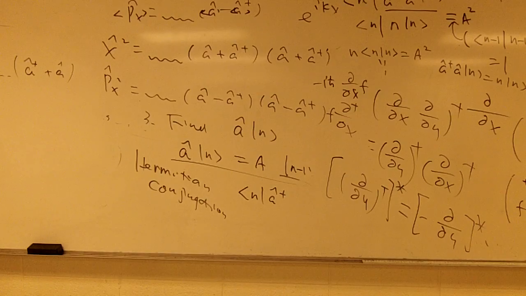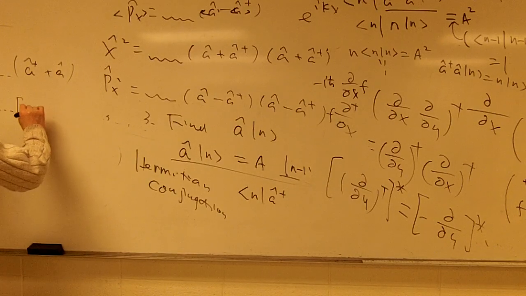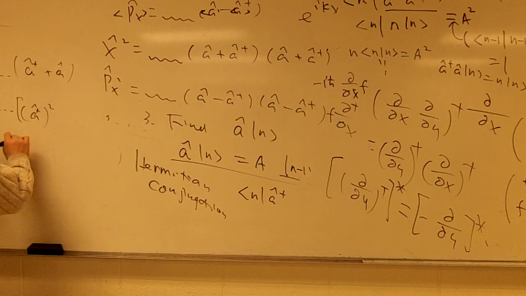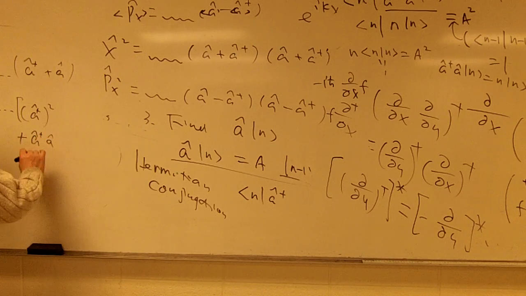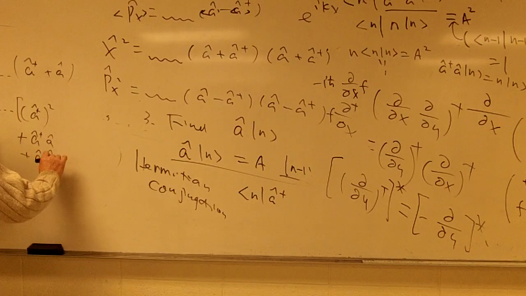Now, if you have an x squared, this is much harder. You can do the same thing, which is equation 3.10. You also have some coefficient in the front. Then you have these crossing terms, A dagger squared, and A A dagger.